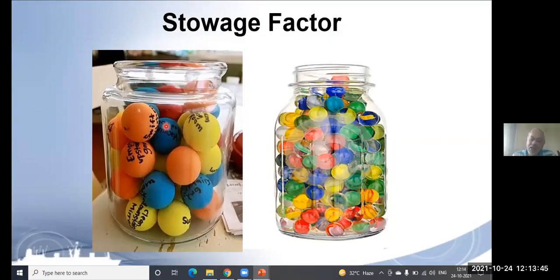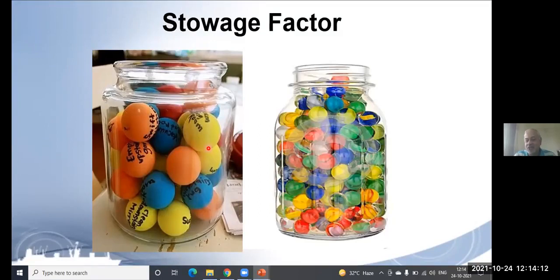If you are given the stowage factor, then the total volume of this jar divided by that stowage factor will give you exactly whether 10 balls or 20 balls will come in this jar. And if the ball size is the same, every time those many balls only you will be able to load and nothing more.